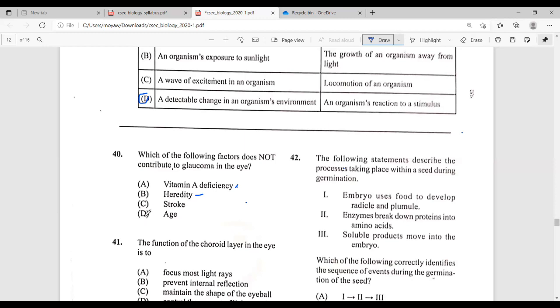So the persons who are much older, they're more at risk of getting glaucoma than a person who is younger. So the best option here that is not really a contributing factor is vitamin A. But doing some research, you may find that it can, but it's like a slim chance of it directly contributing to glaucoma happening in the eye. But all of these options, B, C, and D, they definitely are strong contributors to glaucoma in the eye.